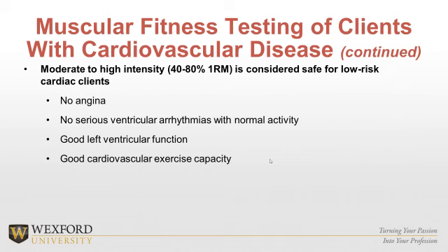Remember back to that pyramid, the base of that general physical preparation. Even if they have some kind of cardiovascular disease, if they have good general physical preparation, they have good technique and movement patterns, and they have good work capacity, then guess what? Then they can do some of these tests.